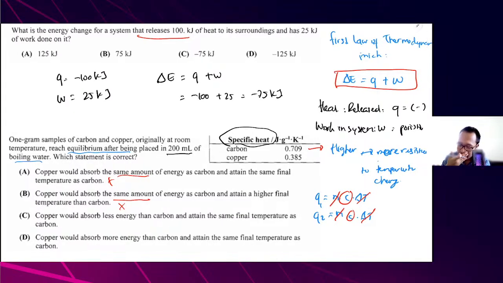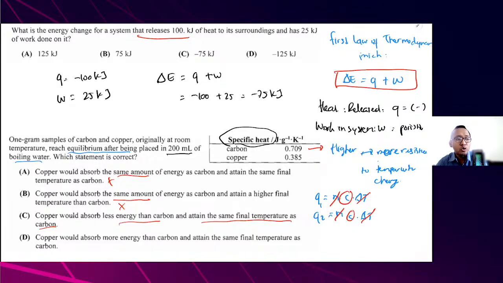How about option C? Copper will absorb less energy than carbon and attain the same final temperature as carbon. Yes, it should be yes.